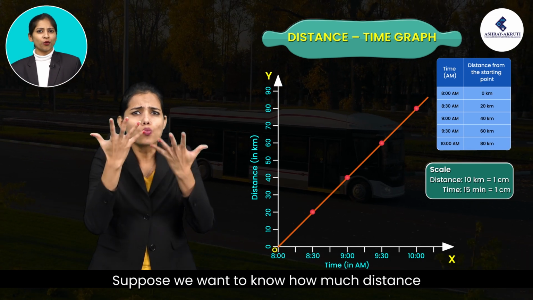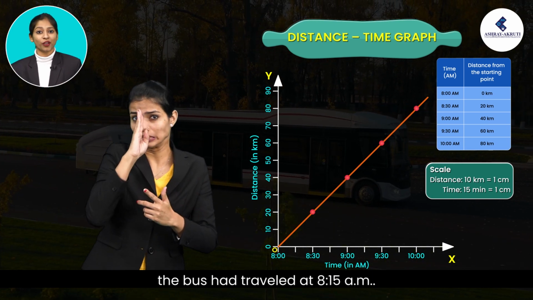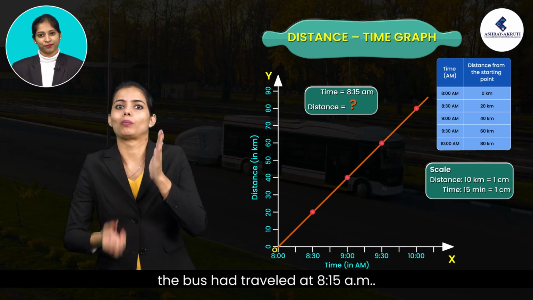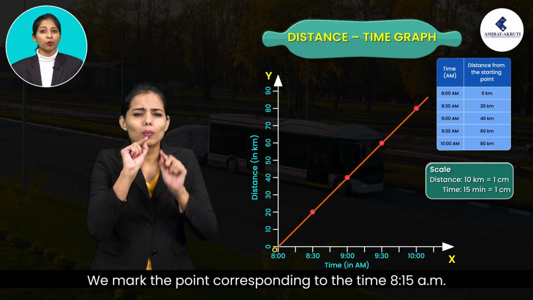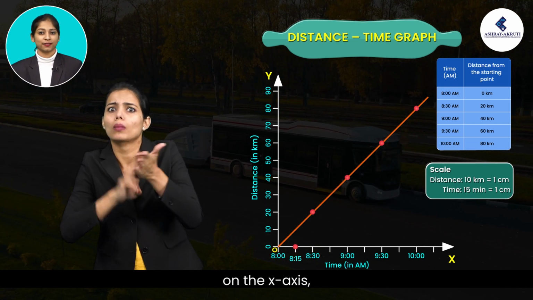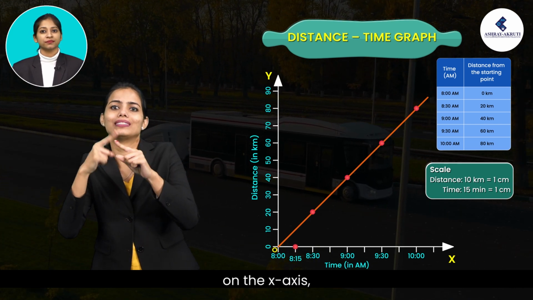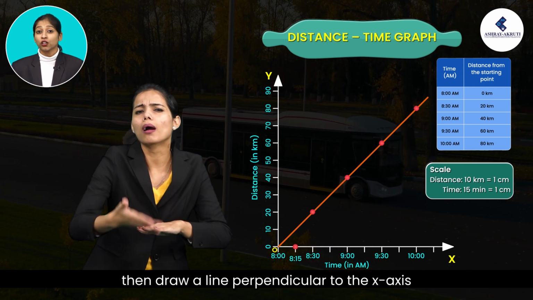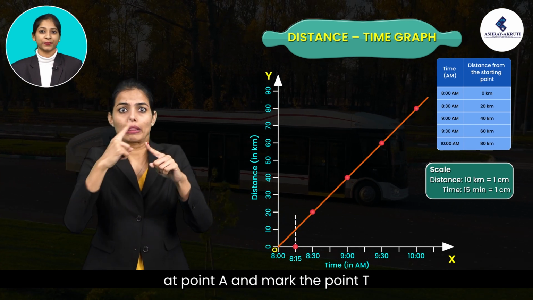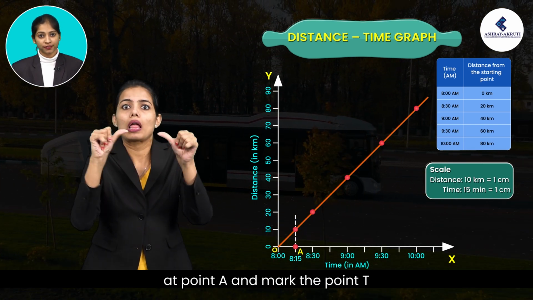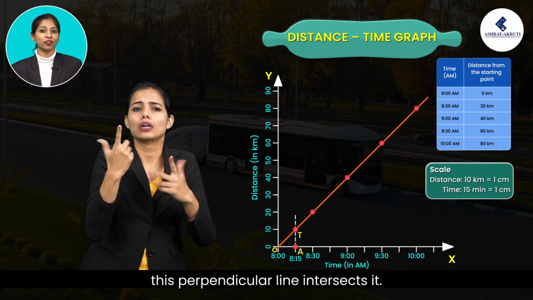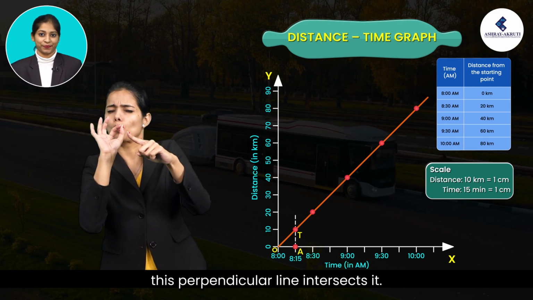Suppose we want to know how much distance the bus had travelled at 8:15 am. We mark the point corresponding to the time 8:15 am on the x-axis, point A. Then draw a line perpendicular to the x-axis at point A and mark the point T on the graph at which this perpendicular line intersects it.